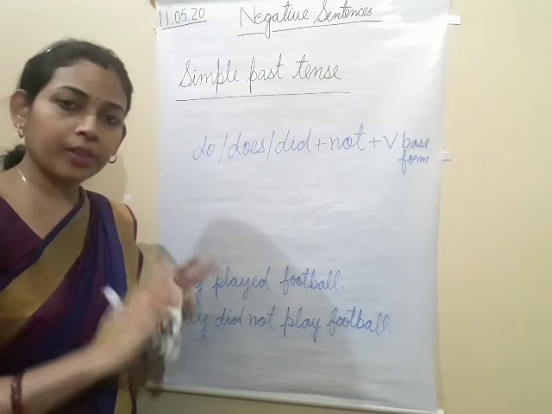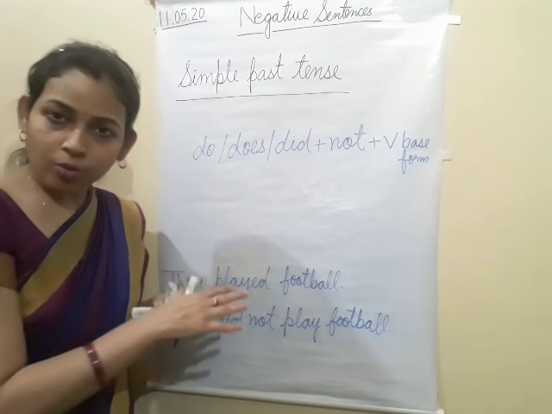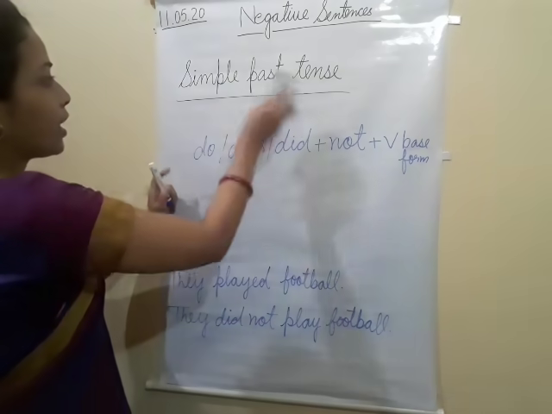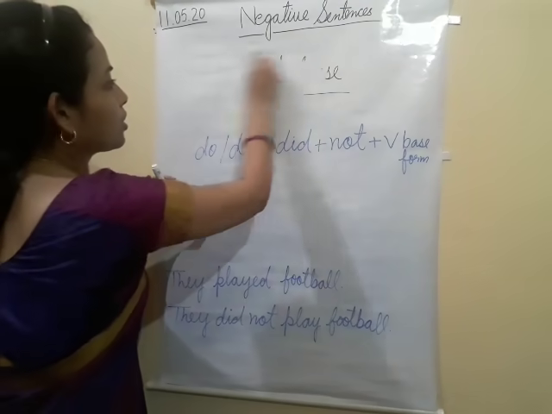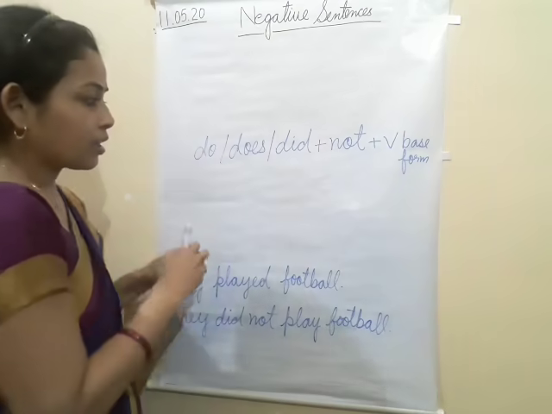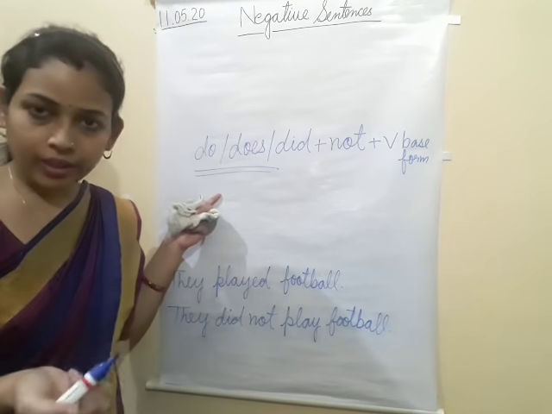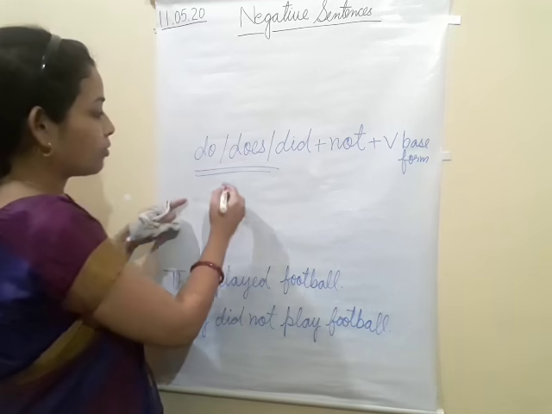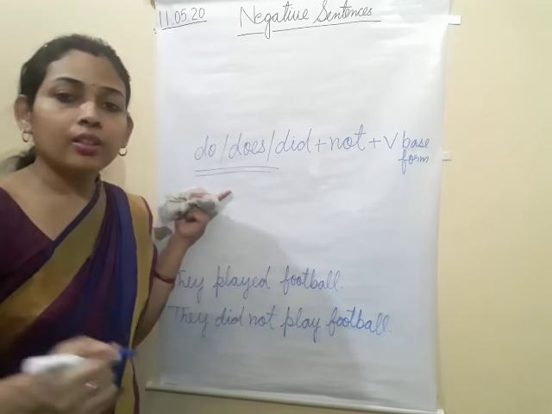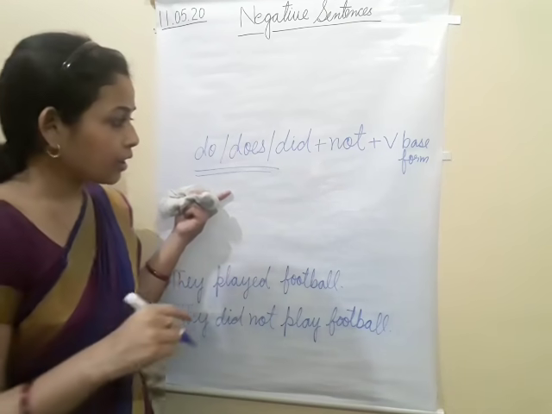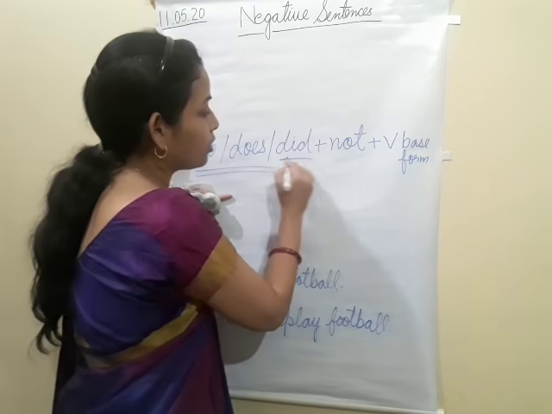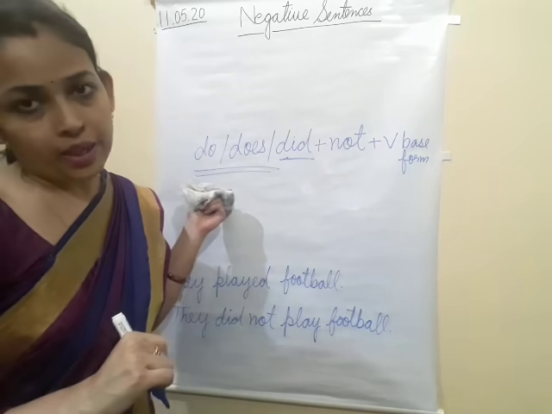In both simple present and simple past, the structure will be like this. In simple present we use do, does when we make the negative, and we use did in simple past tense.